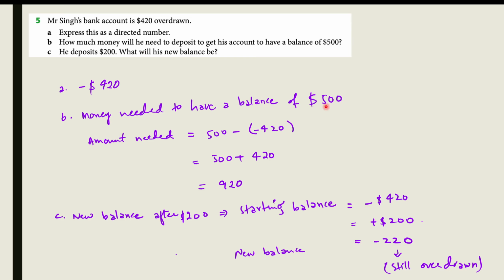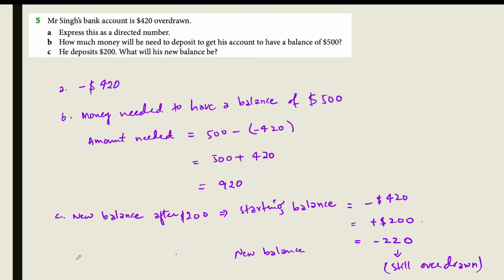To have a balance of 500, I would express the amount needed as 500 minus, in the bracket, the overdrawn account, that is minus 420. When we want to know how much we need to move from the current balance to reach the target balance, we use a formula.